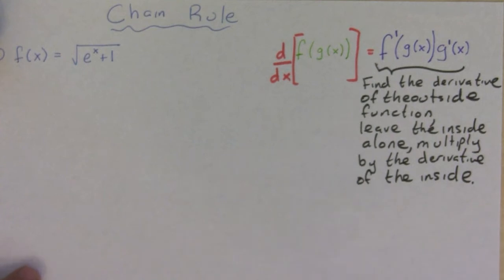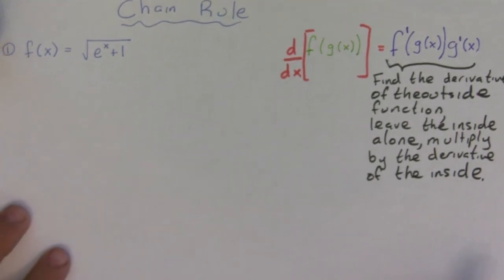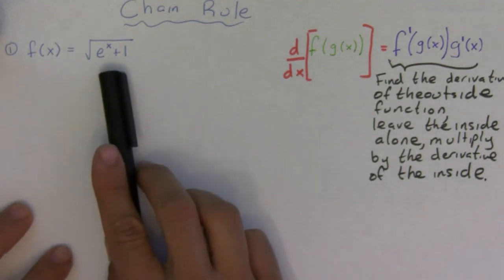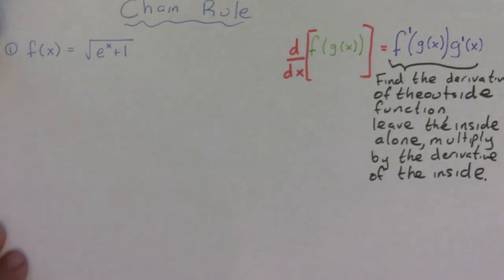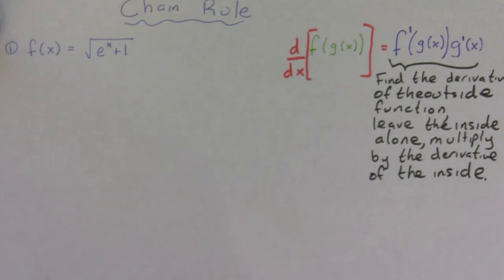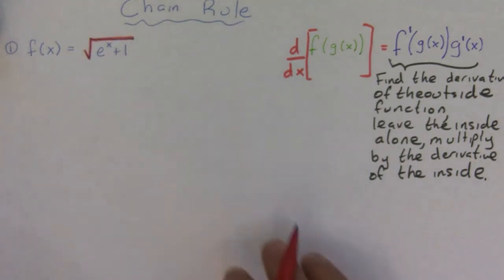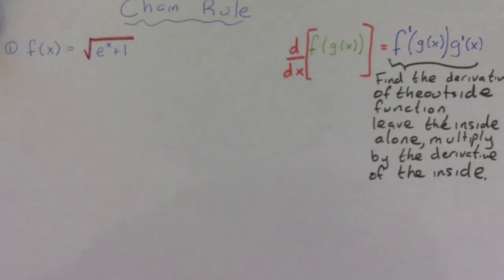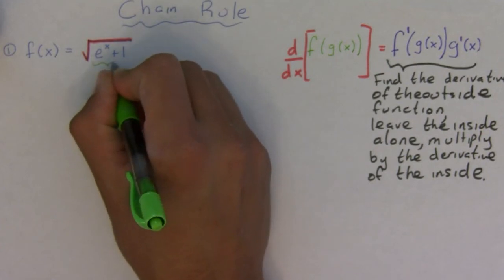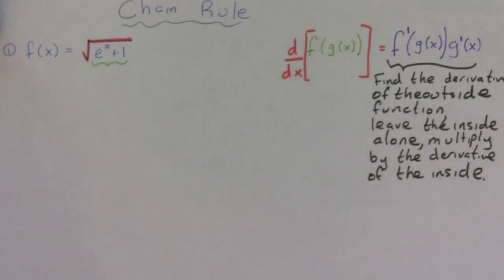Okay, and so what we have is this situation where we have an outside function. So for example, in this very first example we have a composition of functions where the outside function is the square root function, and the inside function in this case would be e to the x plus 1.